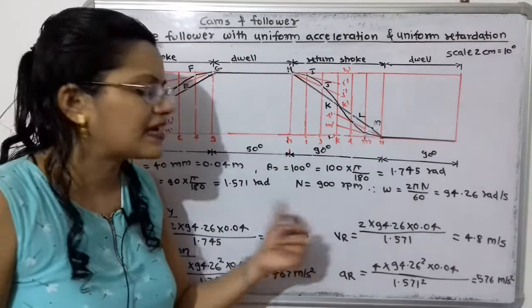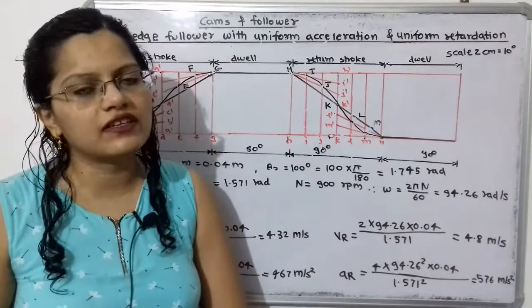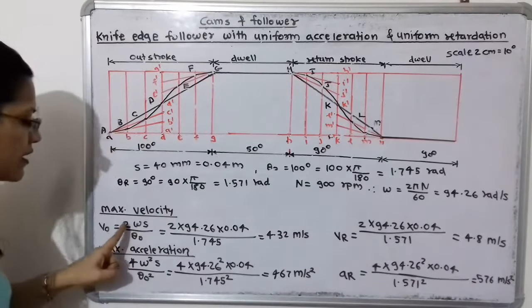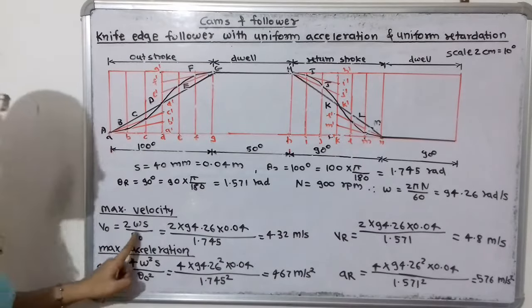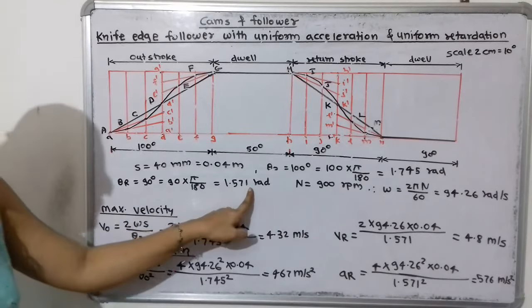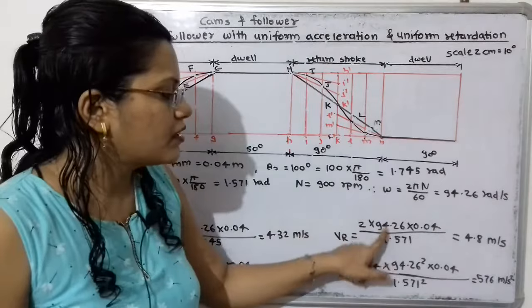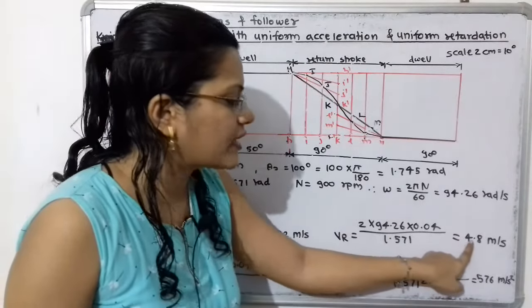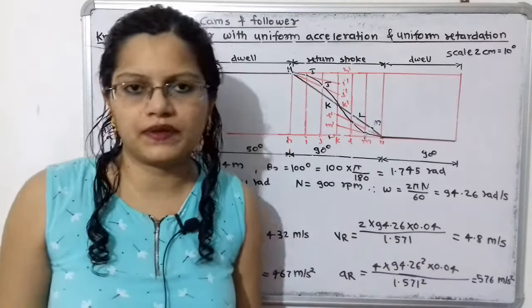In the same way we calculate the maximum velocity during the return stroke. The formula is 2 omega s divided by theta r, with theta r equal to 1.571. With the same notation, we get 4.8 meter per second.